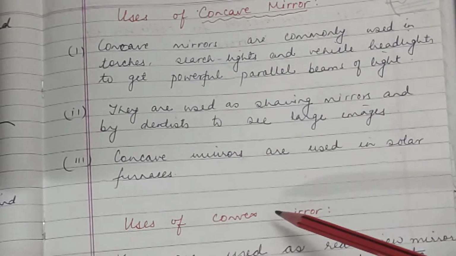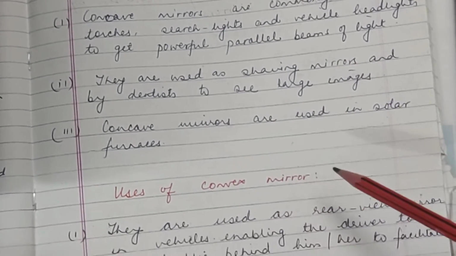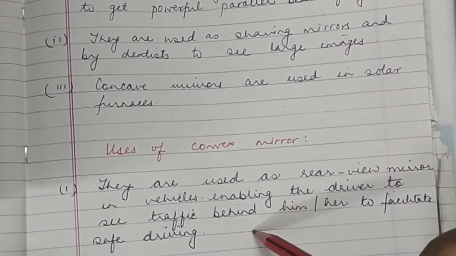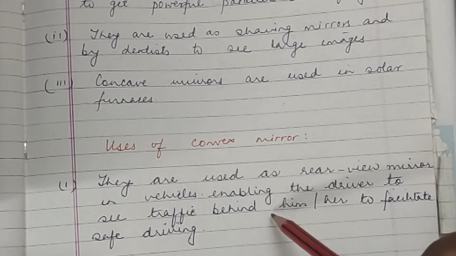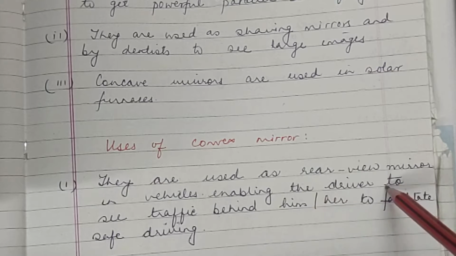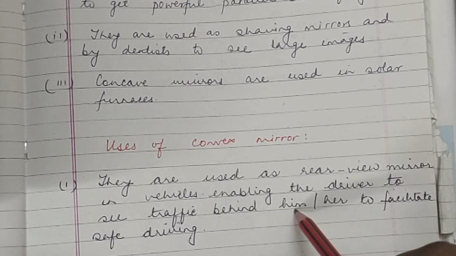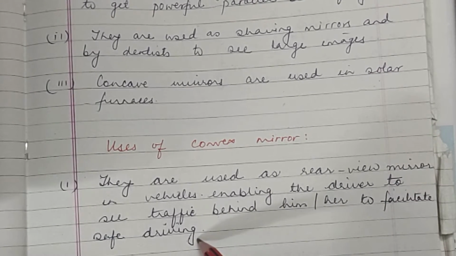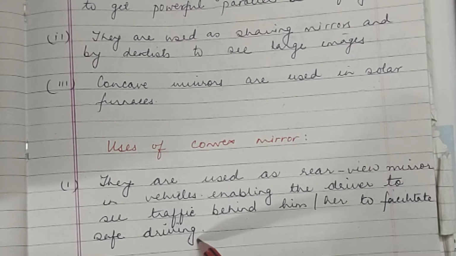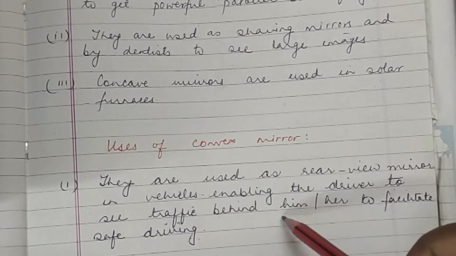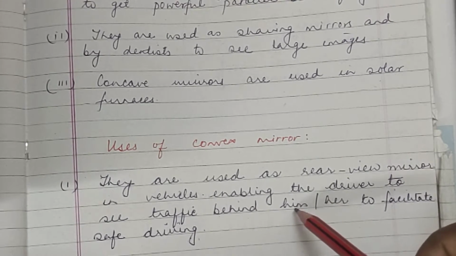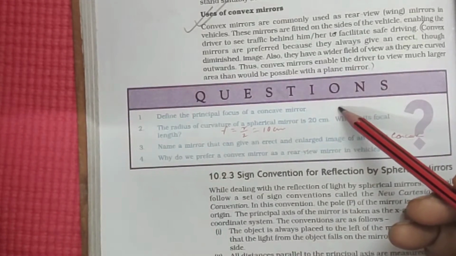Now what are the uses of convex mirrors? They are used as rear view mirrors in vehicles, enabling the driver to see the traffic behind him or her to facilitate safe driving. Now the question is, why are they used as rear view mirrors?